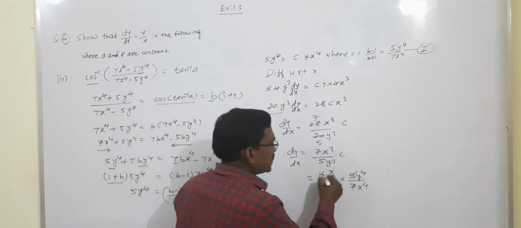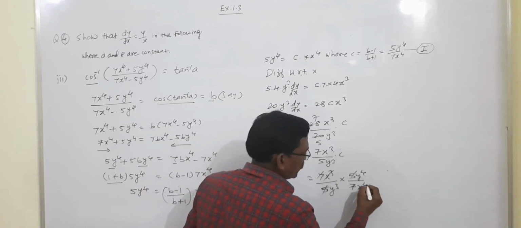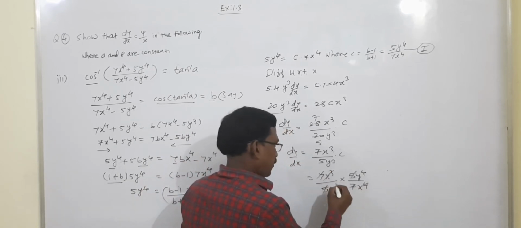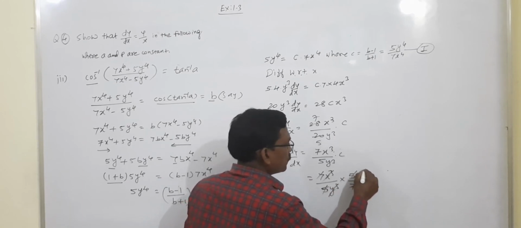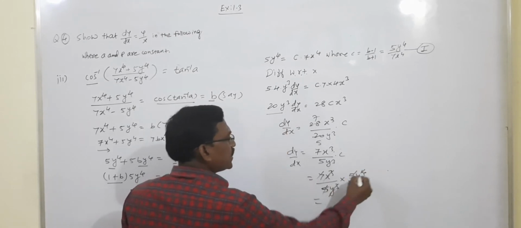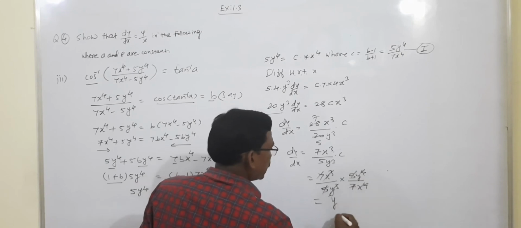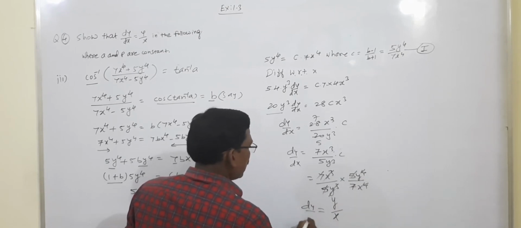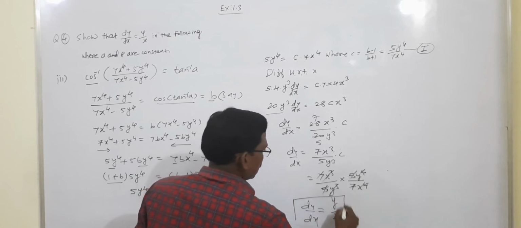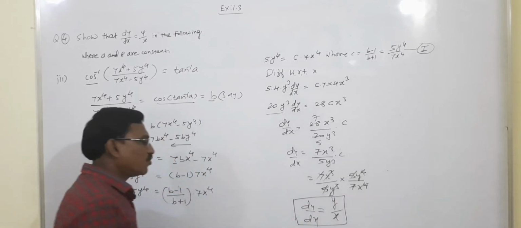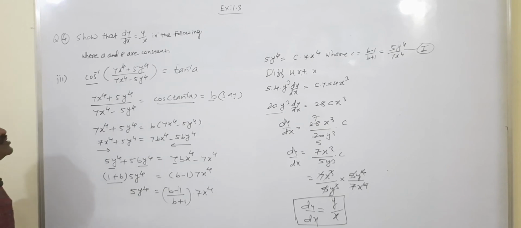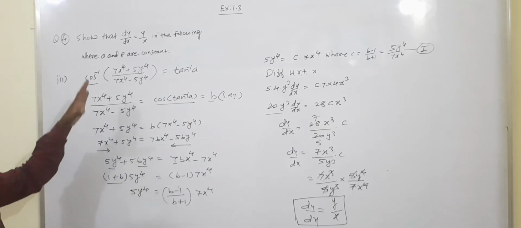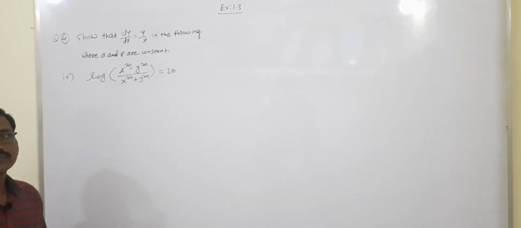Also x^3 gets cancelled from x^4 and y^3 from y^4. So it is only y divided by x, it is y by x. Hence we have shown that dy/dx is equal to y/x.